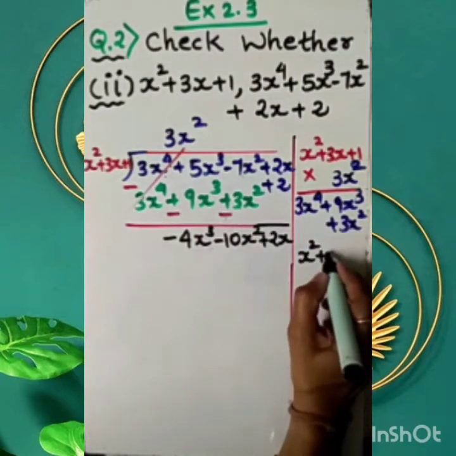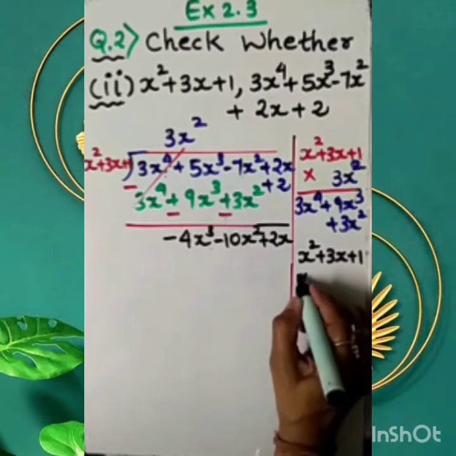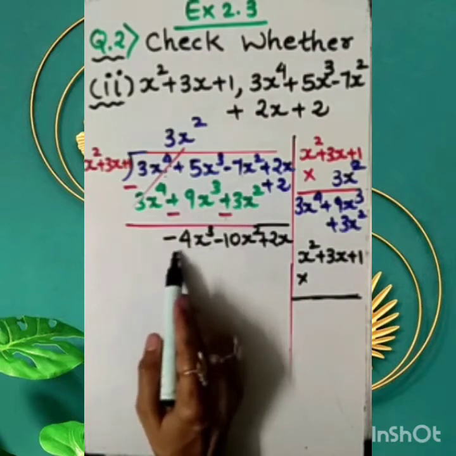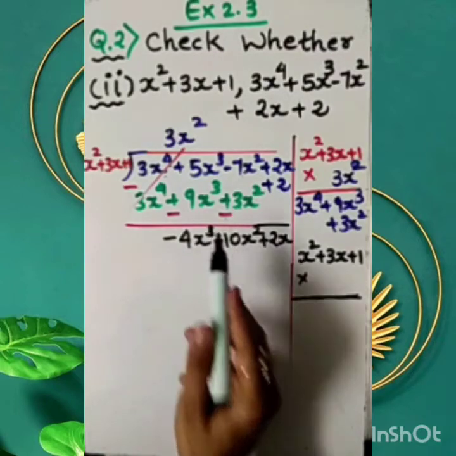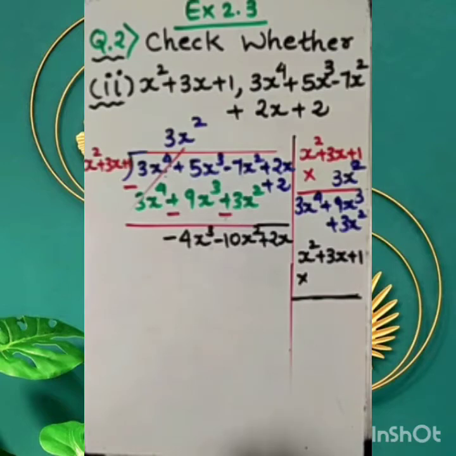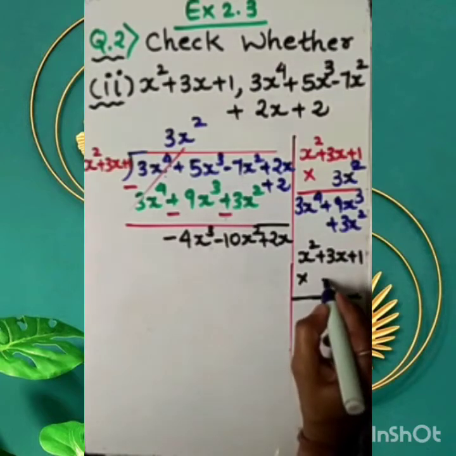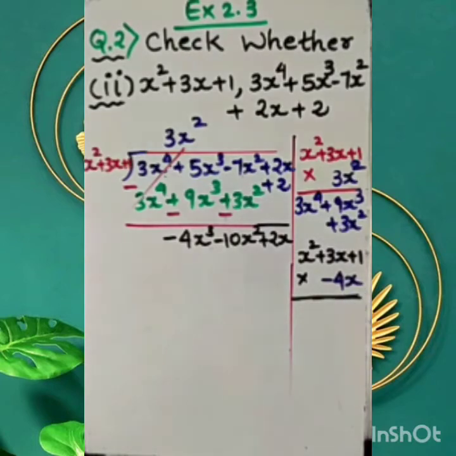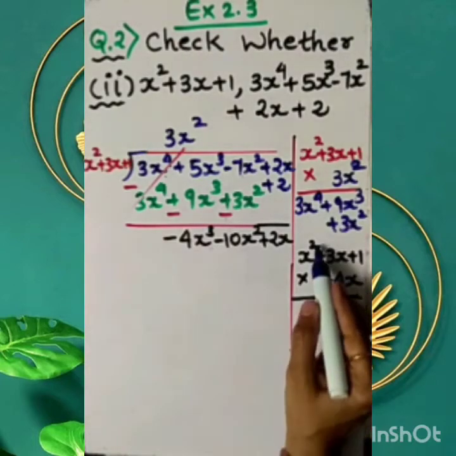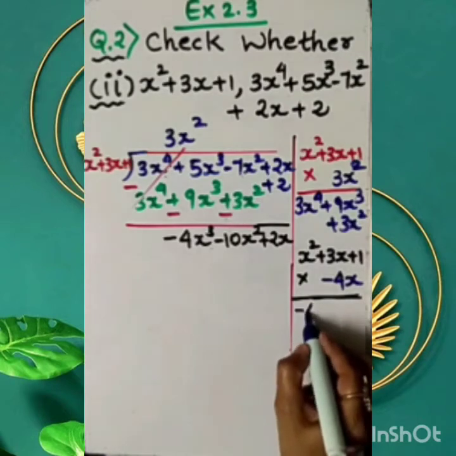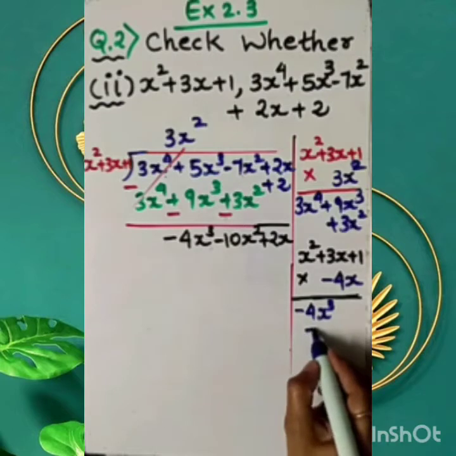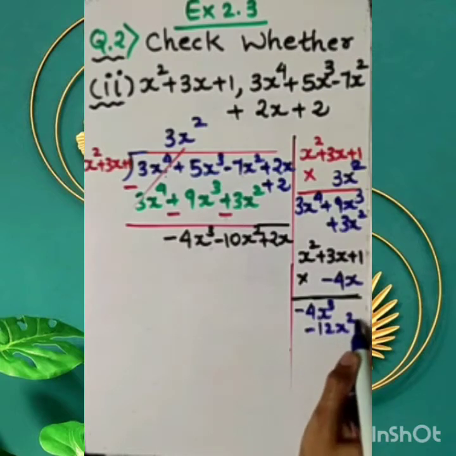Now again the same procedure. I have here x square plus 3x plus 1. By which term should I multiply here? Because I want this time minus 4x cube. So minus 4 should be there, and because of x cube, I need to multiply with x here, because x square into x will become minus 4x cube, minus 12x square and minus 4x.